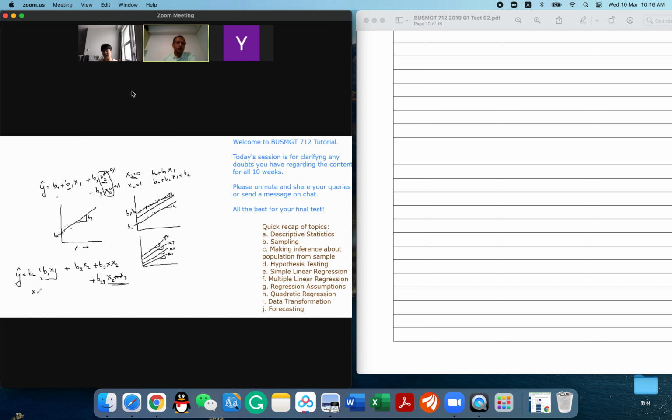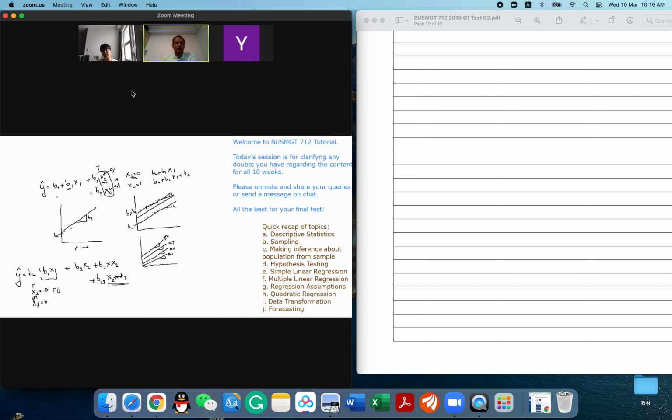If x2 is 0, which means training is not provided, and x3 is 0, where we said x2 is training and x3 is male, yes or no, so I'm then looking at an untrained female.